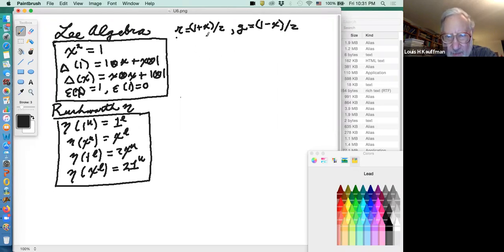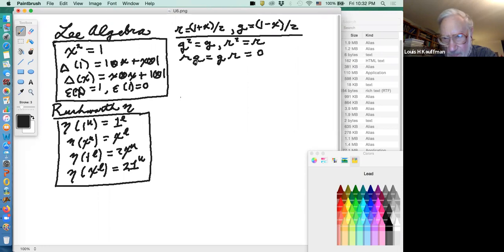And then we have, from the usual Lie algebra, that green squared is equal to green, red squared is equal to red, red green equals green red equals 0, red plus green equals 1, and the coproduct of red is 2 times red tensor red, and the coproduct of green is equal to minus 2 times green tensor green.